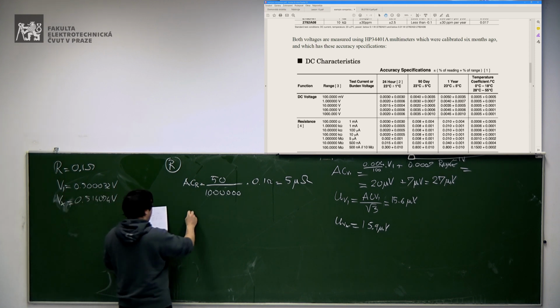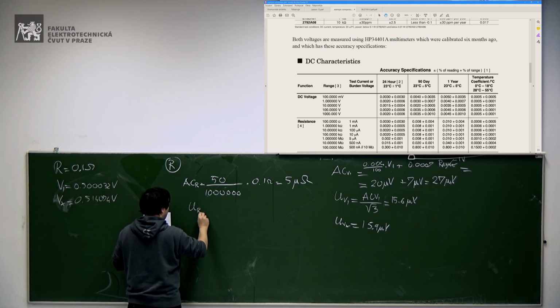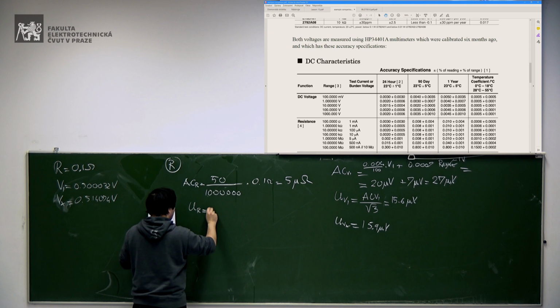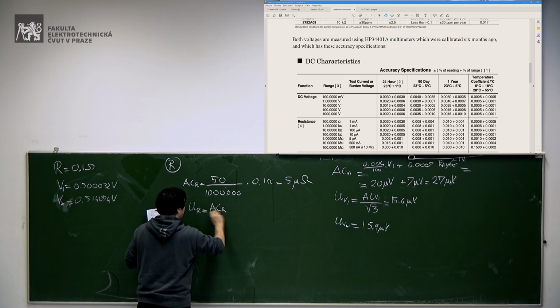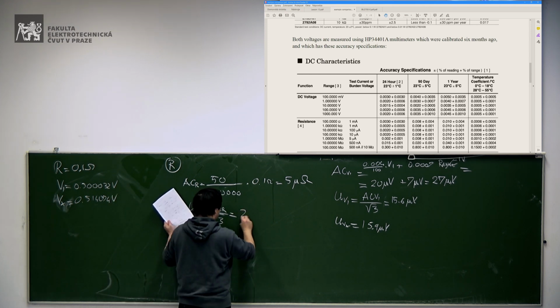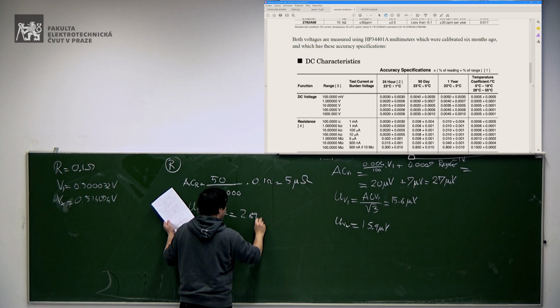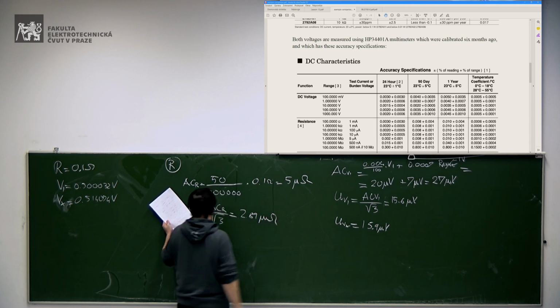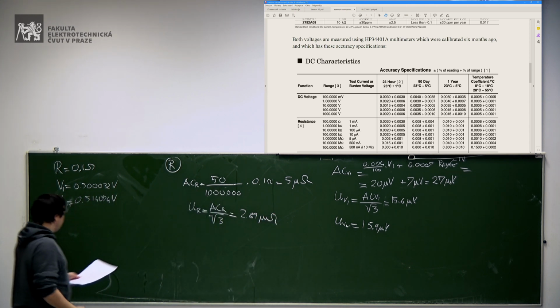And if you calculate the uncertainty of the resistance, you get the accuracy of the resistance divided by the square root of 3. Again, you assume uniform distribution, and it's about 2.89 micro ohms.